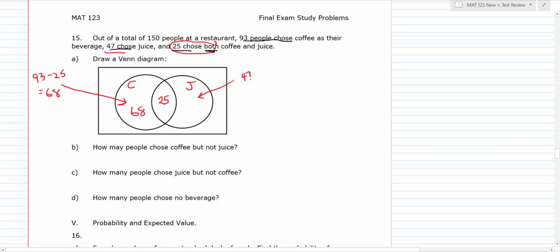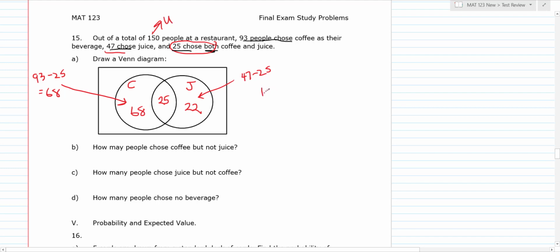So you don't put 47. You do 47 minus 25 to get 22. So that goes there. Notice that 25 and 22 are all the people doing juice. 68 and 25 are the 93 that are doing coffee. And then the universe is 150 people.